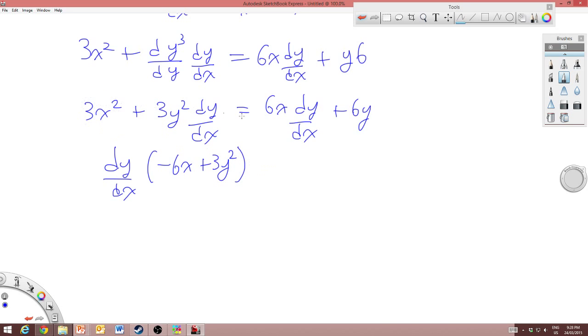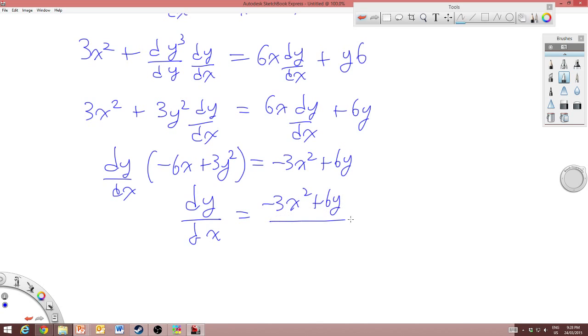I'm going to bring the 3x squared over to the other side, so we get negative 3x squared plus 6y. Divide everything by negative 6x plus 3y squared, and we get the following. Our derivative is now equal to negative 3x squared plus 6y all over negative 6x plus 3y squared.